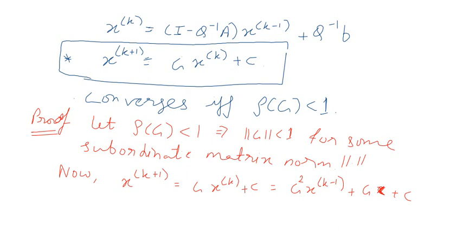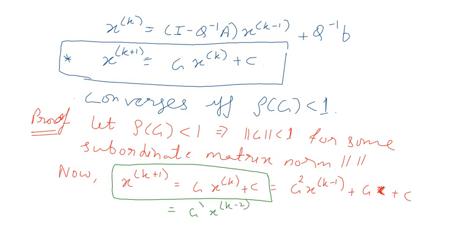We are using this recurrence relation repeatedly. So xk is replaced by G of x of k minus 1 plus c. Further, this equals G cube x of k minus 2 plus G square c plus G c plus c.